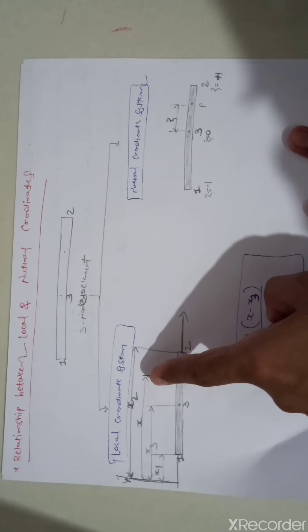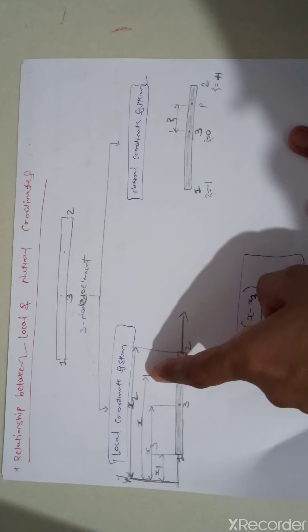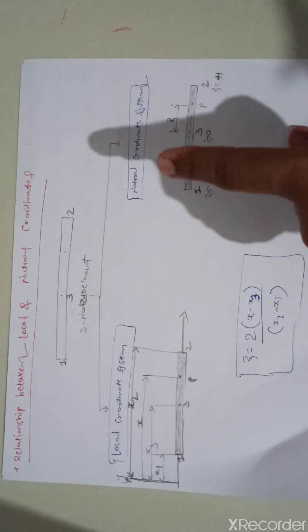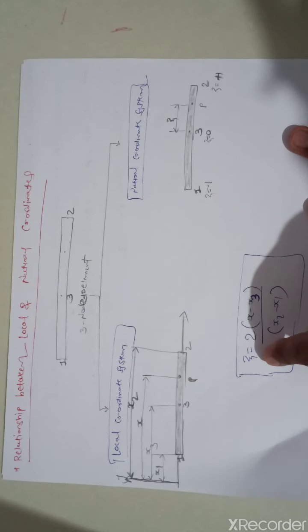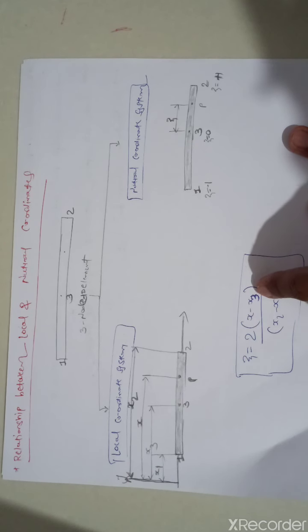The relationship between the local coordinate system and the natural coordinate system is given by zeta is equal to 2 into the bracket x minus x3 divided by x2 minus x1.